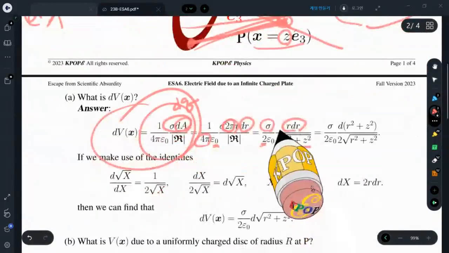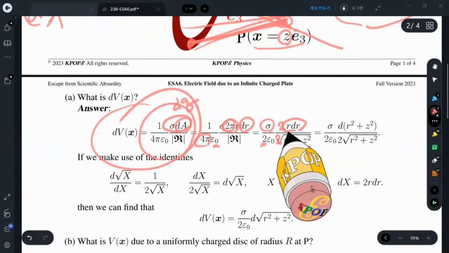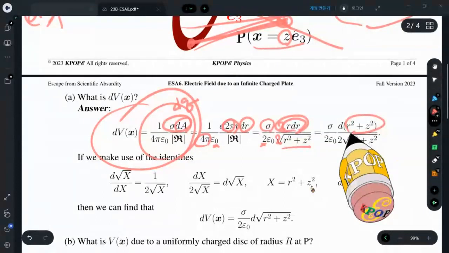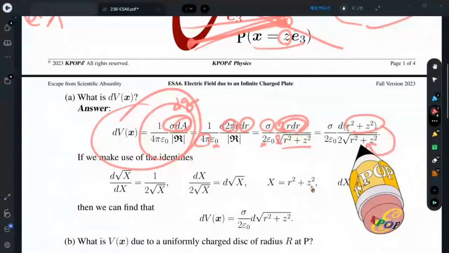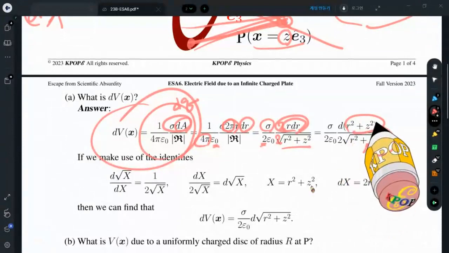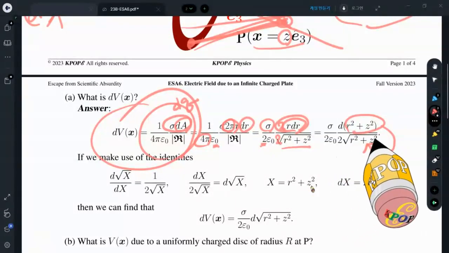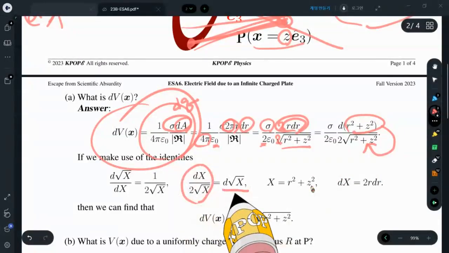By the way, I can multiply by 2 divided by 2. And this one is the total differential of this, and that is the argument of the square root. This one is very simple. Because of this, we have an additional factor of 2 in the denominator. And I know this is the total differential of the square root.